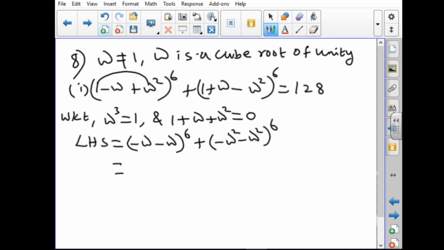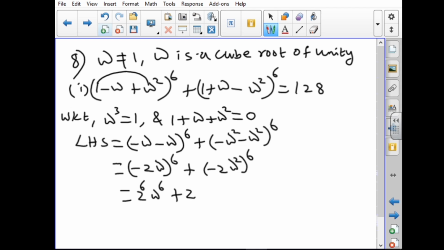So it is equal to minus 2 omega power 6 plus minus 2 omega square power 6. We can also take this as minus 2 power 6, and minus 2 power 6 is nothing but 2 power 6. So 2 power 6 into omega power 6 plus 2 power 6 omega square power 6. 2 power 6 is common.